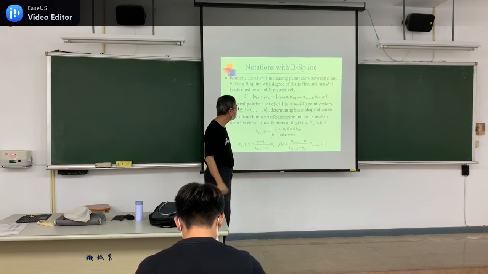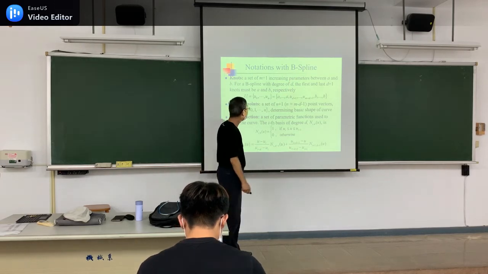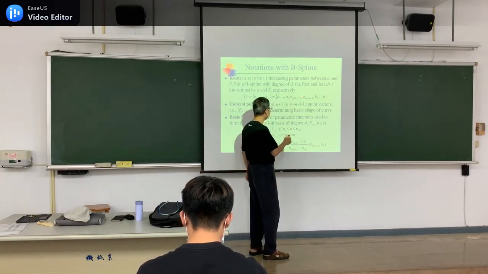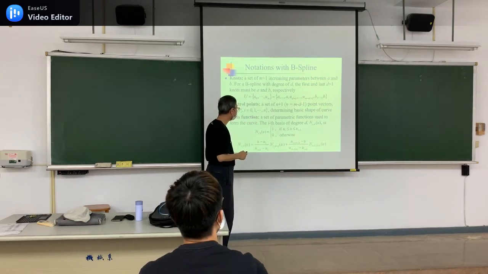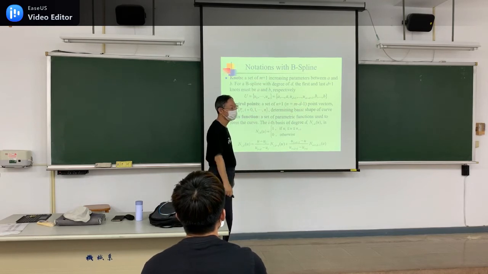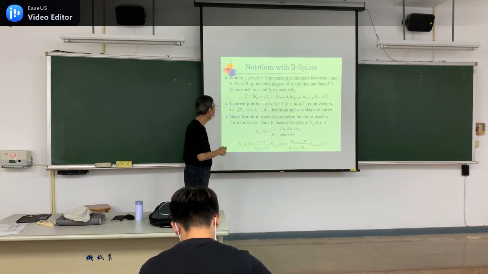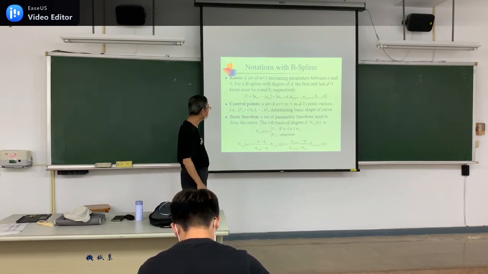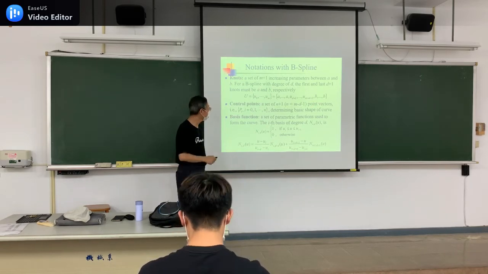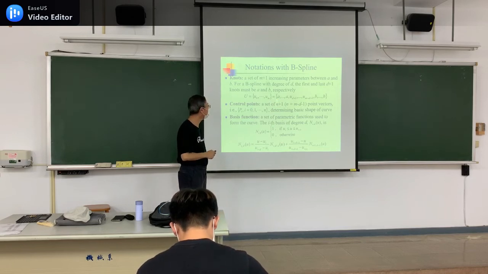We choose d. Then, m can be determined by this relationship. m will be equal to n plus d plus 1. So the number of the so-called knots can be determined by this. So, in general, we have n first, and then we choose d. Then you can compute the necessary m.